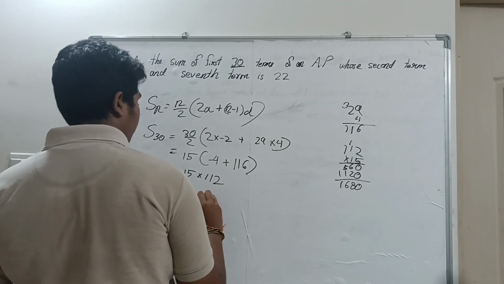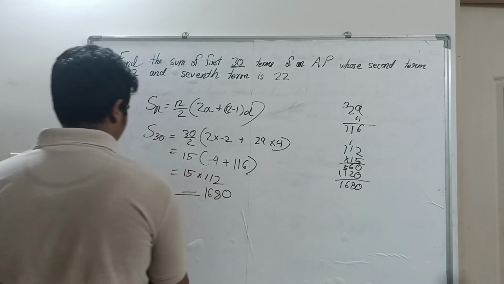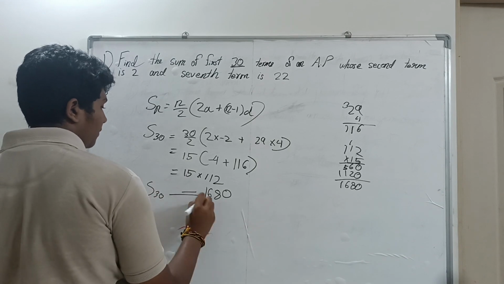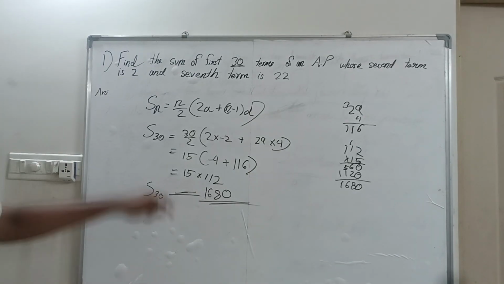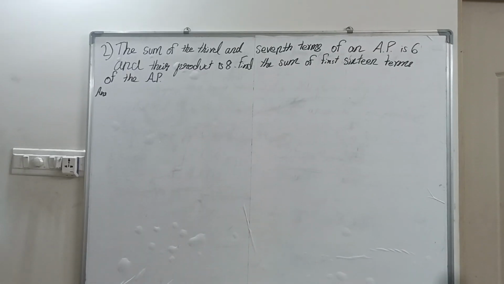So did you get the answer? 1680 is the sum of the first 30 terms. Now time for the second.